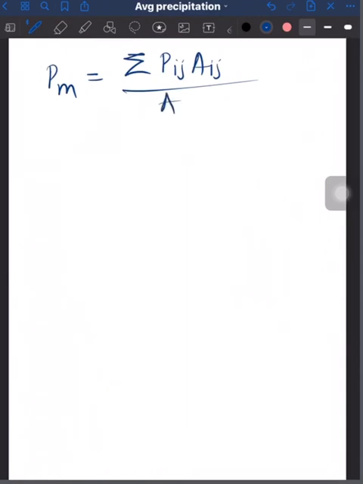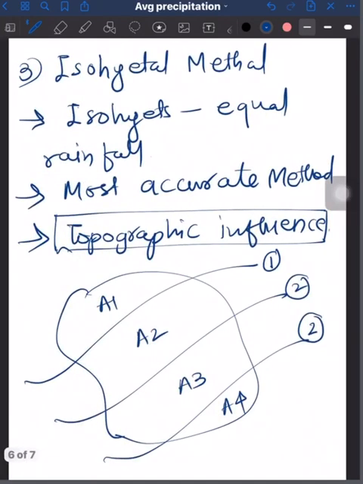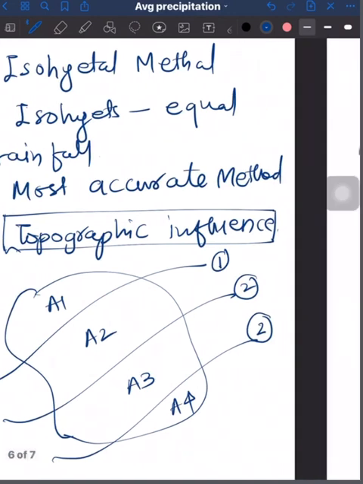What is Pij? Pij is the precipitation of isohyet number 1 plus isohyet number 2 divided by 2. Basically it is the average precipitation. So the rain gauge value of isohyet 1 plus the rain gauge value of isohyet 2 divided by 2 is Pij. So it is very simple and it is most accurate.